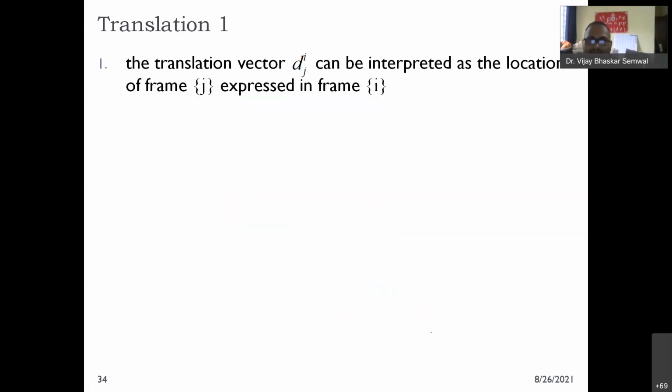The translation vector dij can be interpreted as the location of frame j expressed in frame i. Generally I will use this notation, where I'm expressing frame j with respect to i. Those authors have used this notation, but I will use this one. Frame 1 with respect to 2, so we are finding the position of 2 with respect to 1.